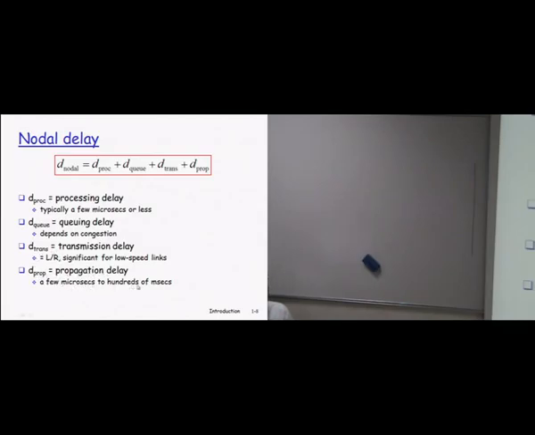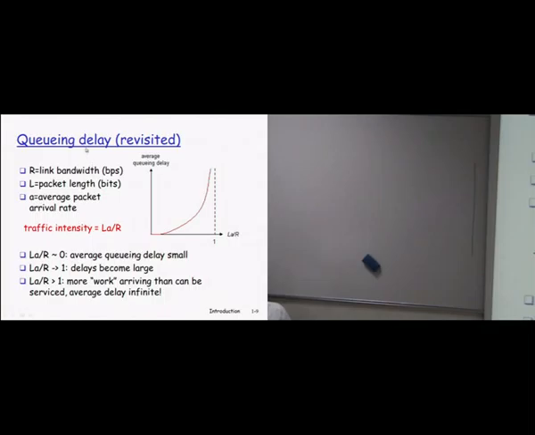Queuing delay, we will have a look into it. Average queuing delay: this graph depicts the traffic intensity on the x-axis, and on the y-axis the average queuing delay. R is the link bandwidth in bits per second, L is the packet length in bits, and a is the average packet arrival rate.